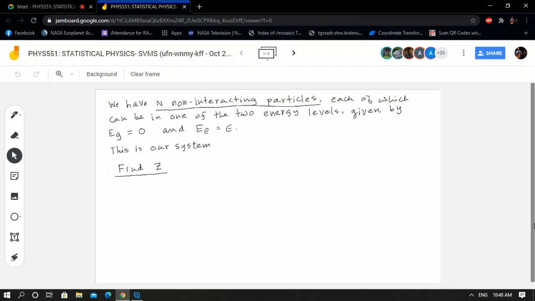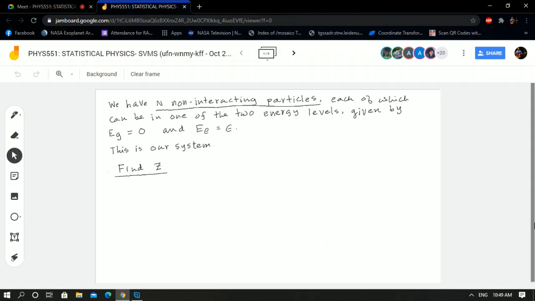Okay, this is not an examination, so all of you should feel free and just think. It is a classroom. Probably we can add those two energy levels since they are not interacting. We can add those two energy levels of the n non-interacting particles to get the partition function. How do we add it?